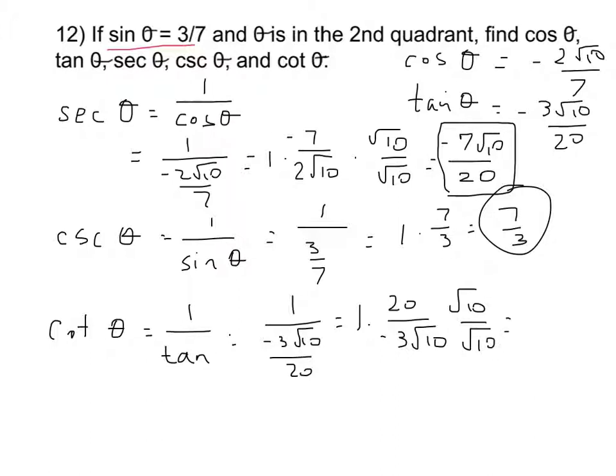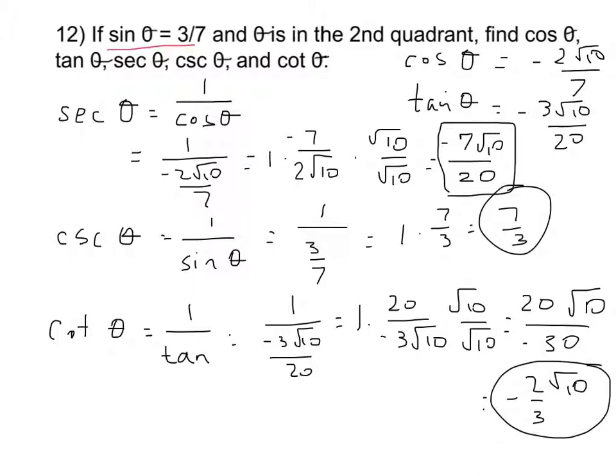And what I end up with is 20 square root of 10 over negative 3 times 10, which is 30. I can reduce that fraction just a smidge there. 20 over 30 will reduce to 2/3. It was negative, so it's negative 2/3 and radical 10, and the radical 10 is on the top. And so I can have this value here as my cotangent.